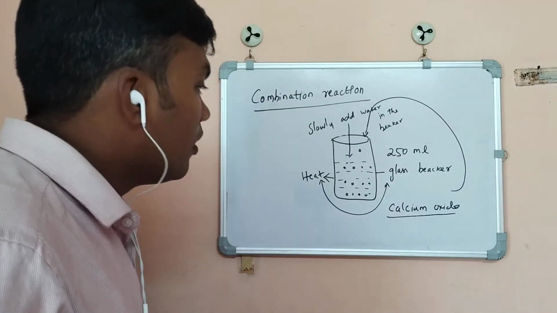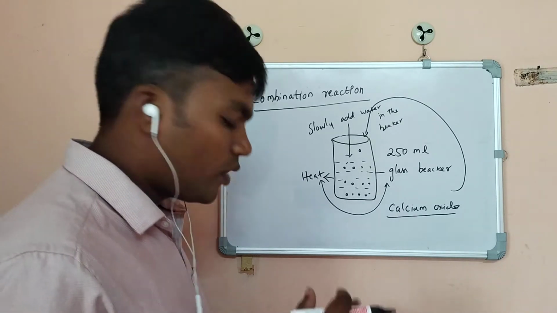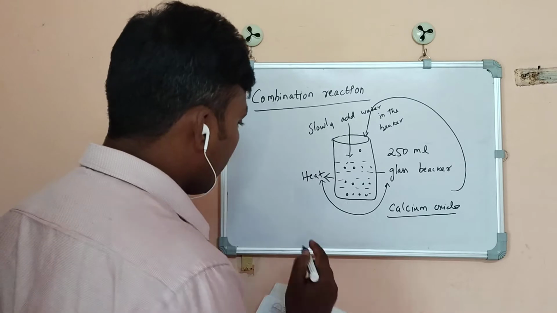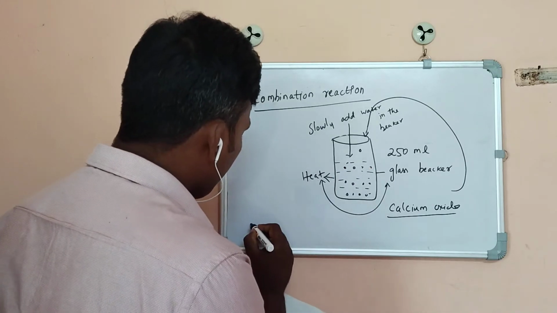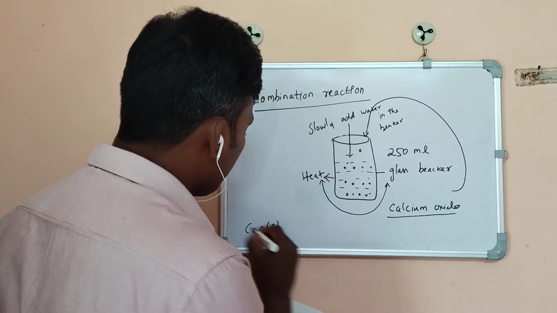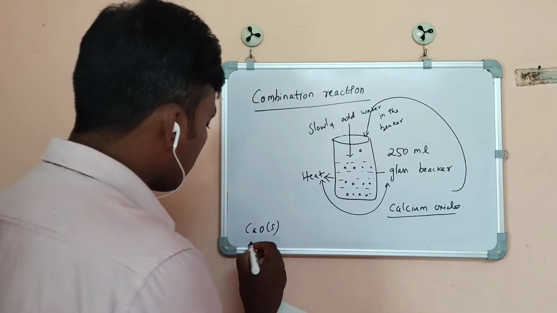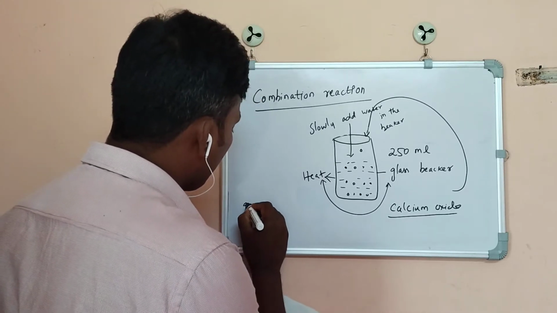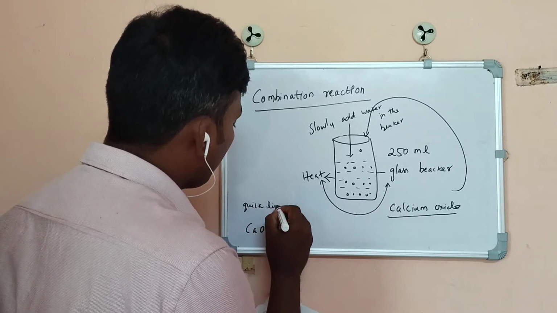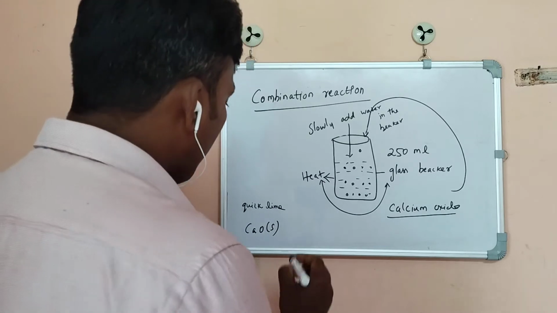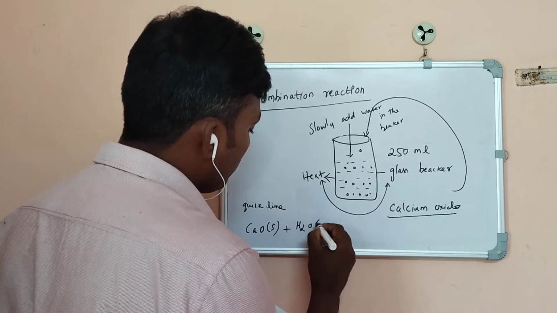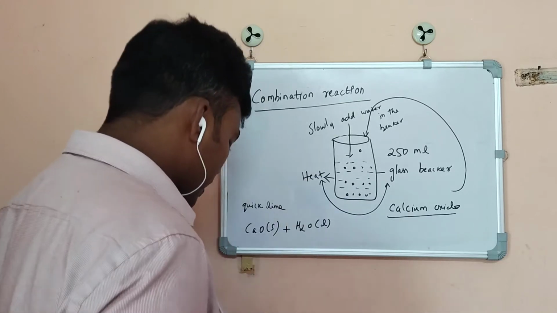Now I am going to explain some more examples. Here you have added calcium oxide, which is a solid. This is quicklime. Then you have added water, which is a liquid.